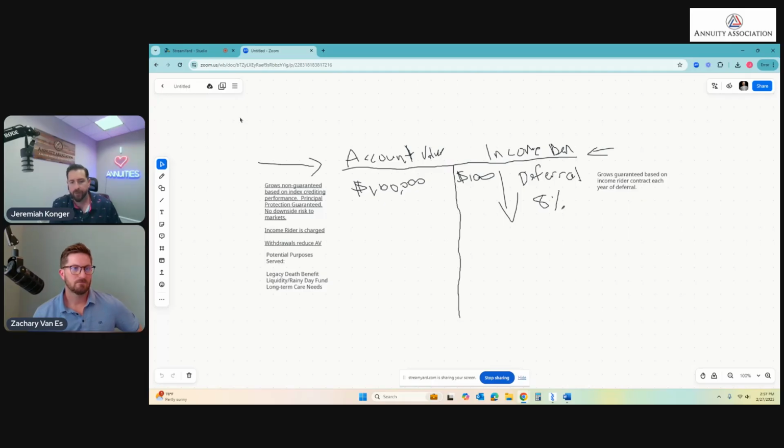So if it's for a single person, it would be the age of that single person that it's covering at the time of income election.